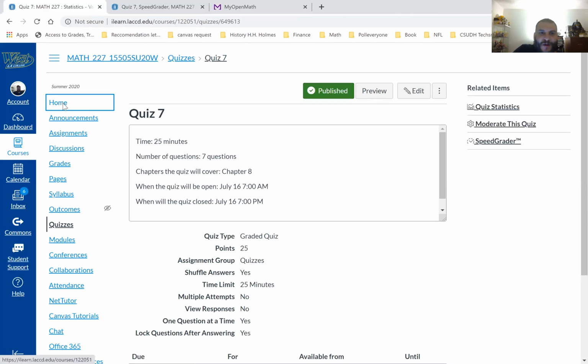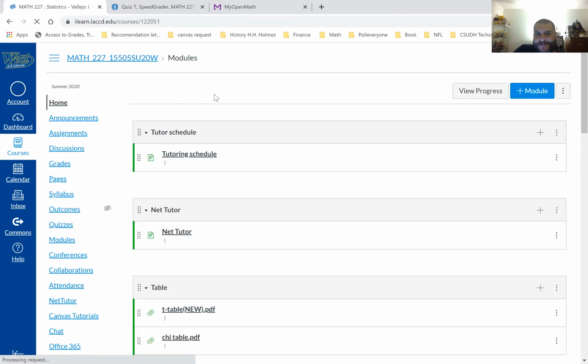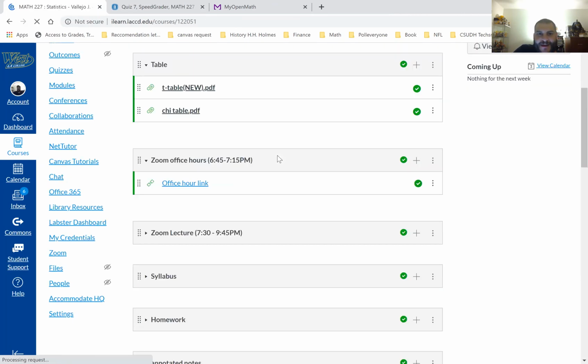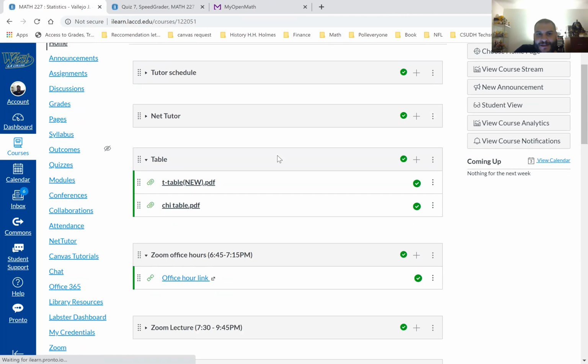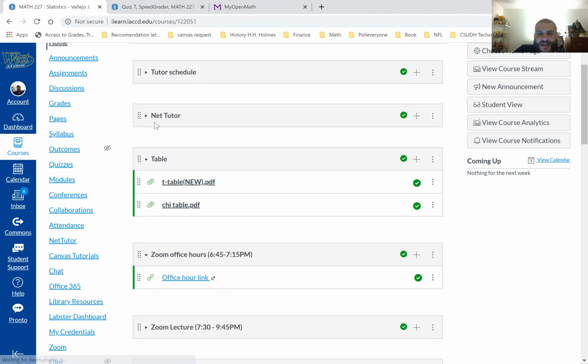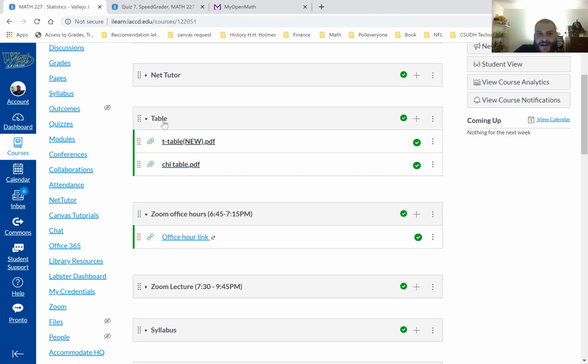You just want to go to the home page and you'll find it here. If you look where it says tutor schedule and net tutor, you have the T table. You're going to need this table for 9.2. The chi-square table, you're going to need it for 9.3. So all you have to do is click it.